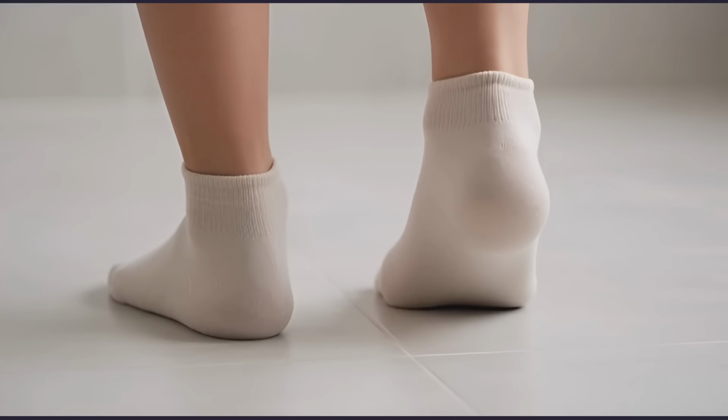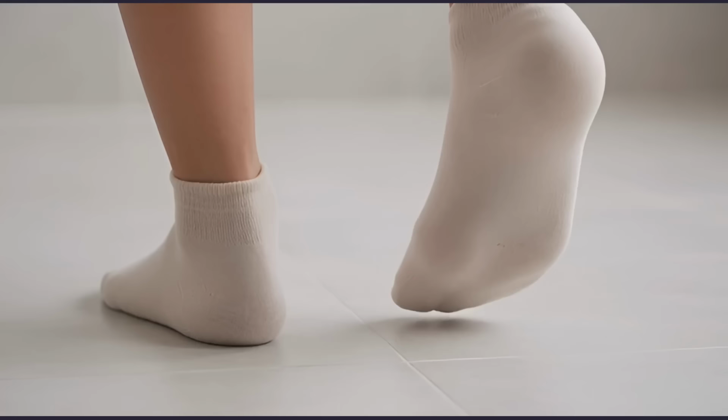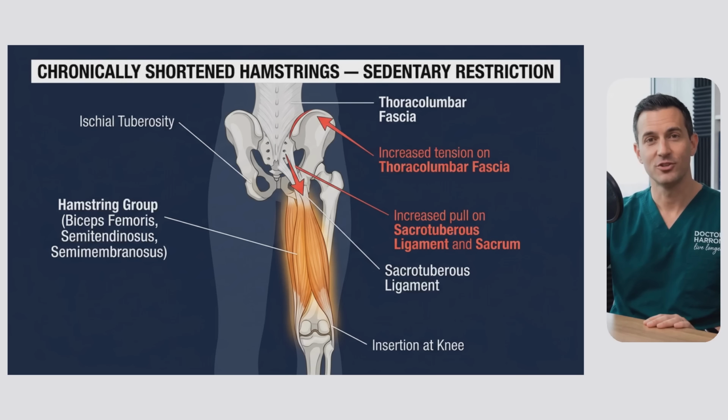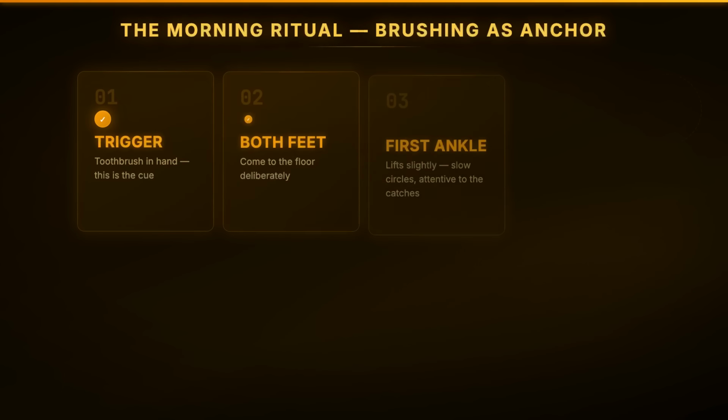Others will notice it over months, in the same way the person I described didn't connect the change to the ankle work for weeks. But here's what I know. The superficial backline is real. The continuous fascial connection from plantar surface to brow ridge is real. The mechanical logic of what happens when the bottom of a continuous structure gains or loses mobility is real. And 2 minutes is genuinely 2 minutes.